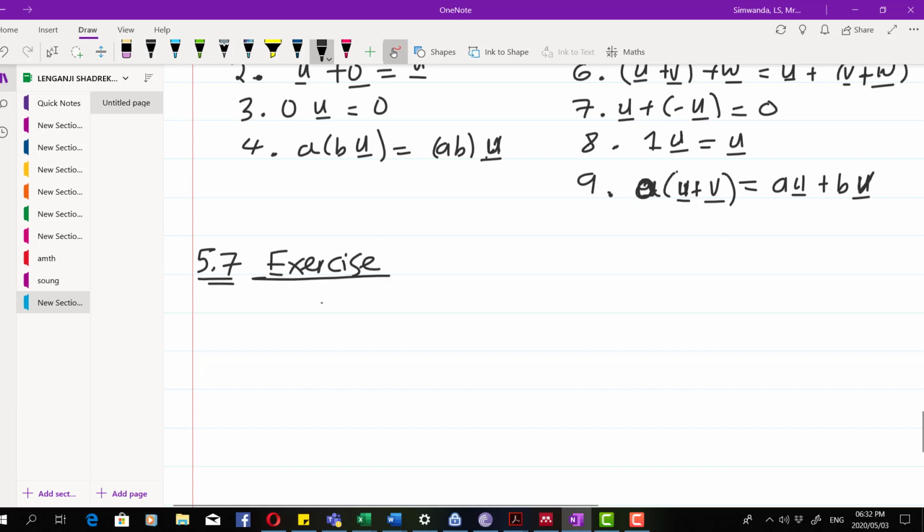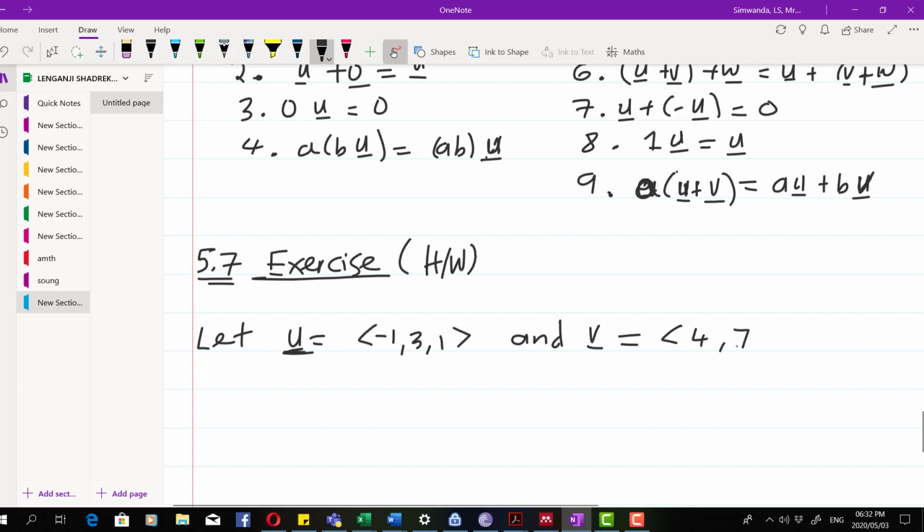Okay, so we continue. Now I'm giving you guys a homework or an exercise which you add on to the problem sheets that you have. So this is for you guys to solve and just try out these questions. Let u be a vector with the components -1, 3, and 1, and v be a vector with components 4, 7, and 0.